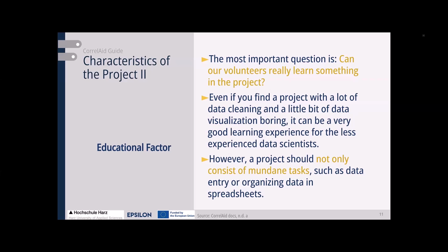As the volunteers have different backgrounds, there might be volunteers, for instance, coming from social science who want to learn more about data science and who would be happy to work with the basics of programming or do basic data science tasks. Also, there might be a computer scientist who wants to learn more about project management, for instance.